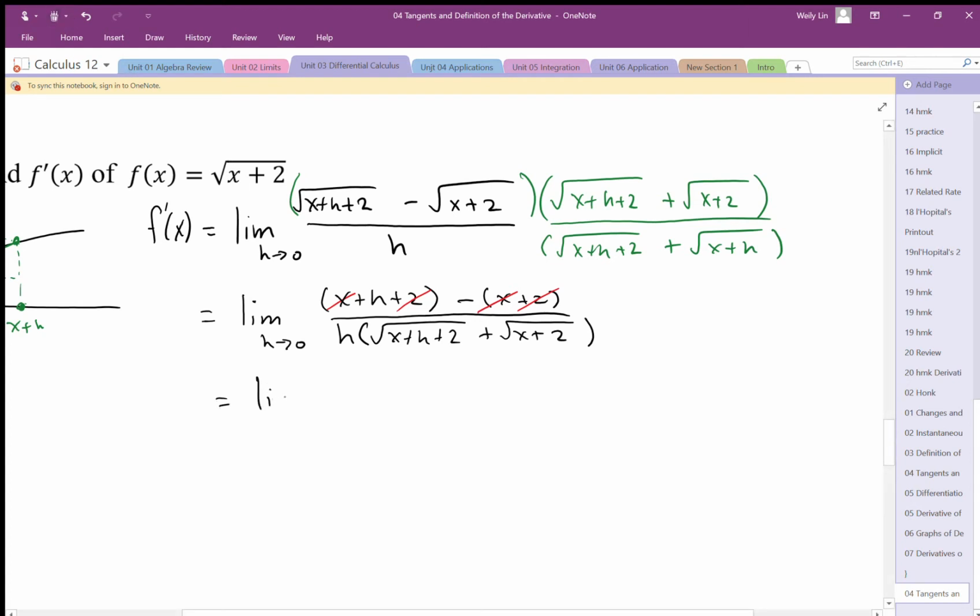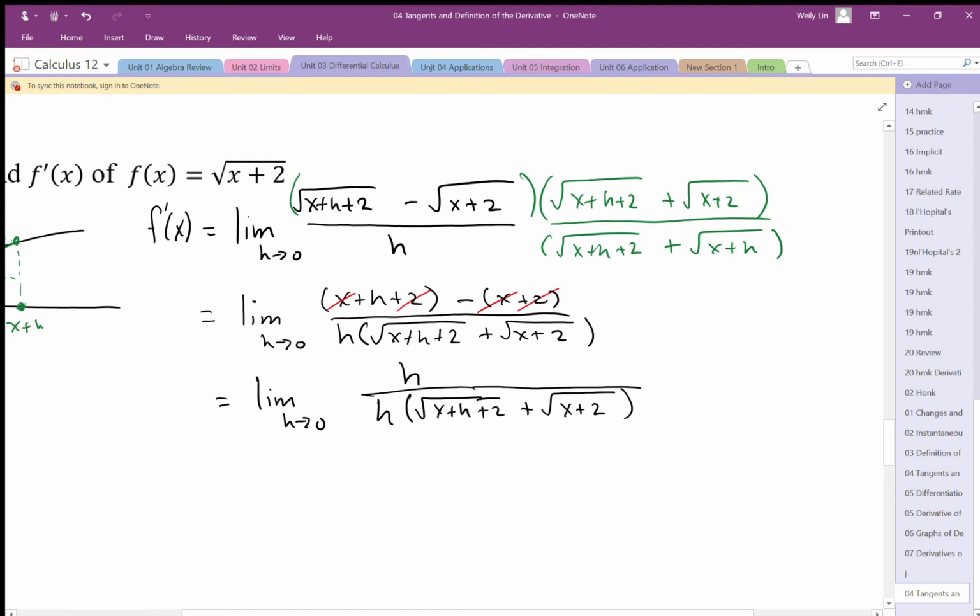So limit as h goes to 0. We freed up that h in the numerator. That's going to cancel with that h in the denominator. This plus h is not a big deal because that's not going to give us divide by 0. So it looks like that.